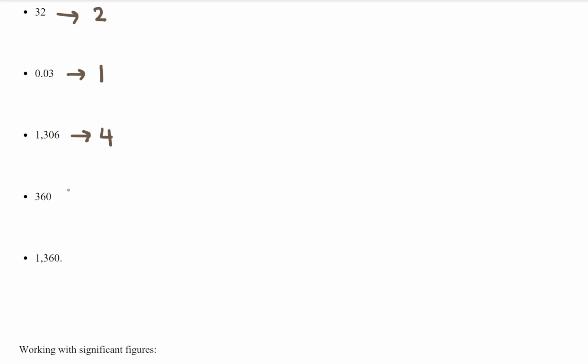So it is not significant, hence it only has two significant figures. 1360. Here we have one trailing zero, but we also have a decimal point. So this is significant, and hence this has four significant figures.